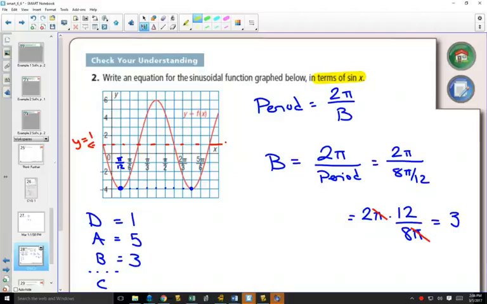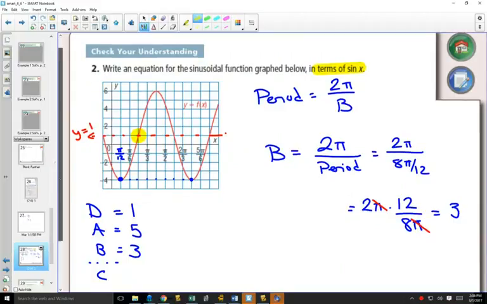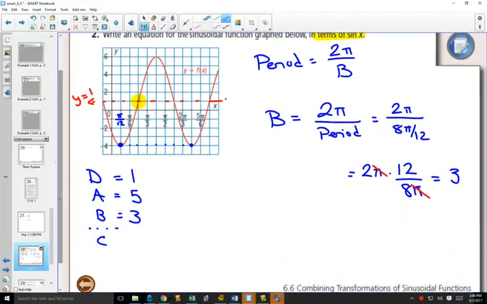Where does that happen? Right here. So in order to get that, I'm going to have to shift 1 pi over 2, 2 pi over 2, 3 pi over 2, which is the same as pi over 4. I'm going to have to shift pi over 4 to the right.